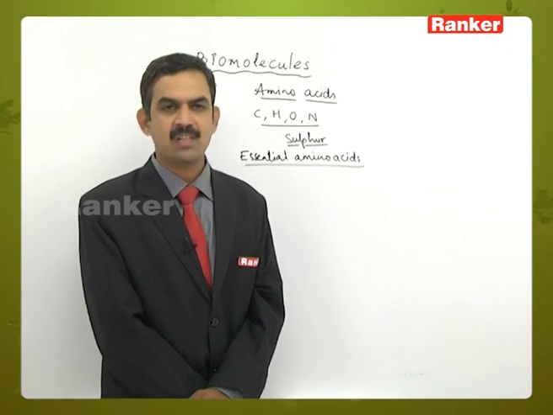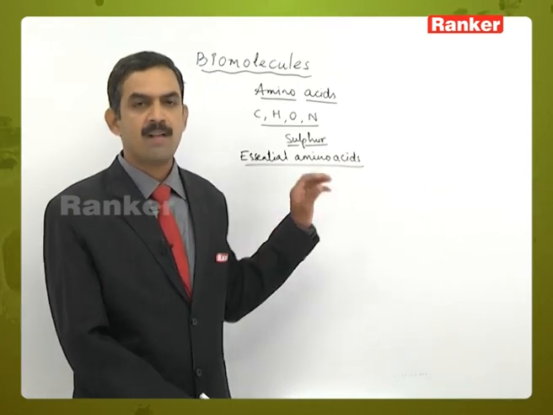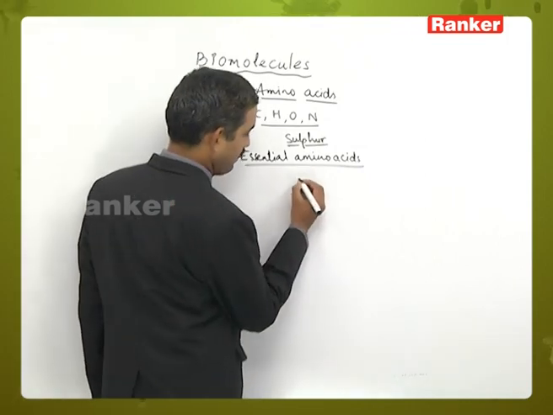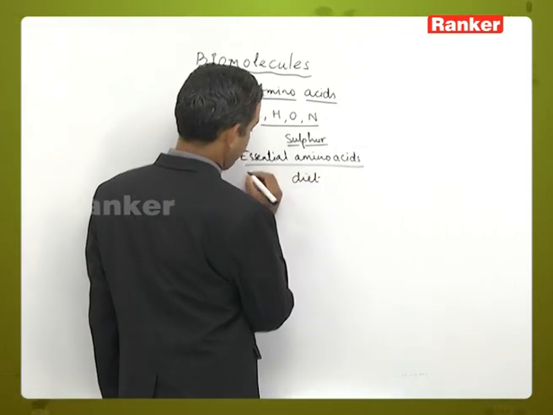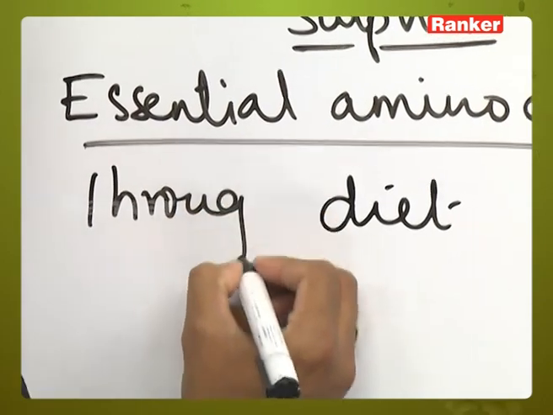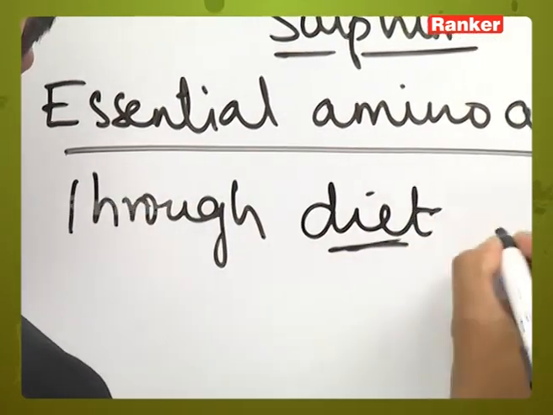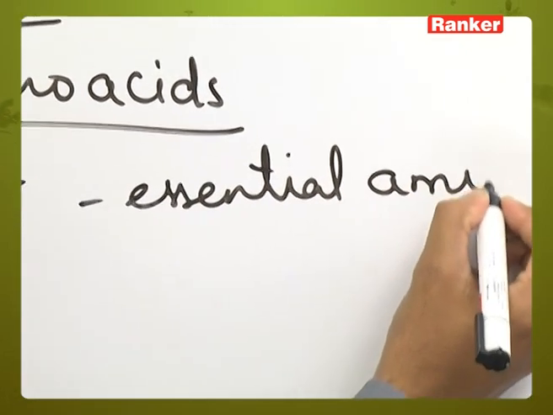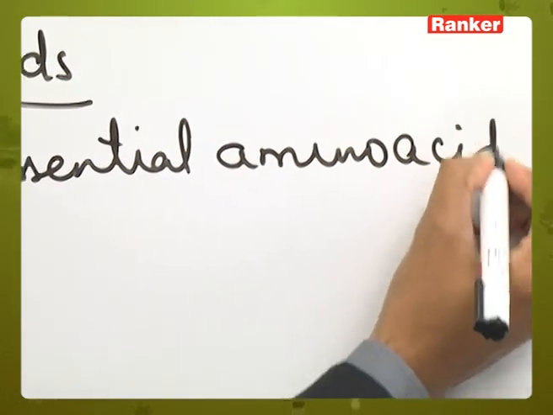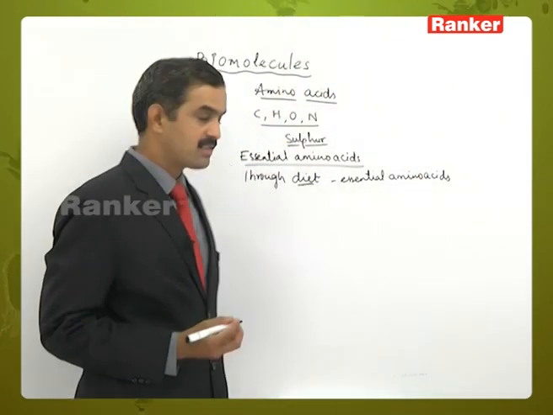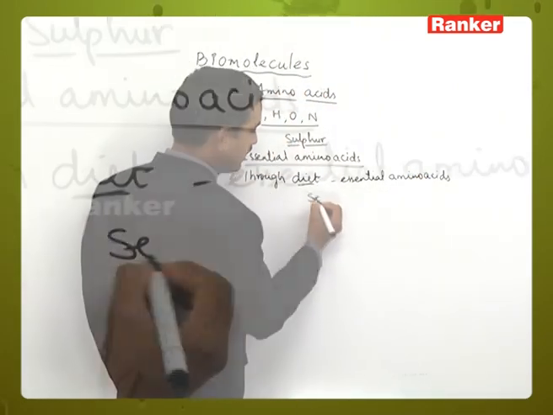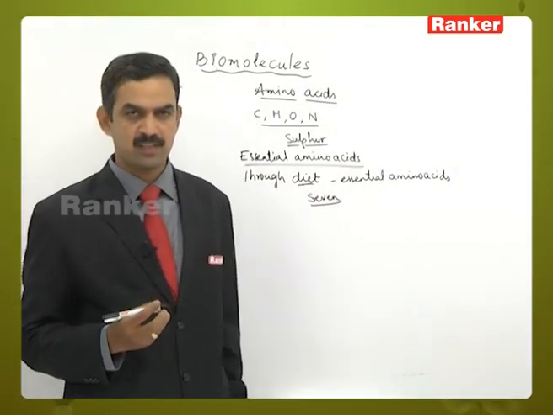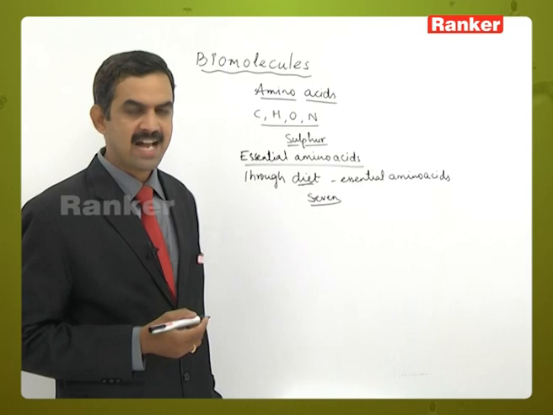How do animals get those essential amino acids? They get them through the diet. There are 7 such essential amino acids which animals derive from plant sources for their metabolic activities.